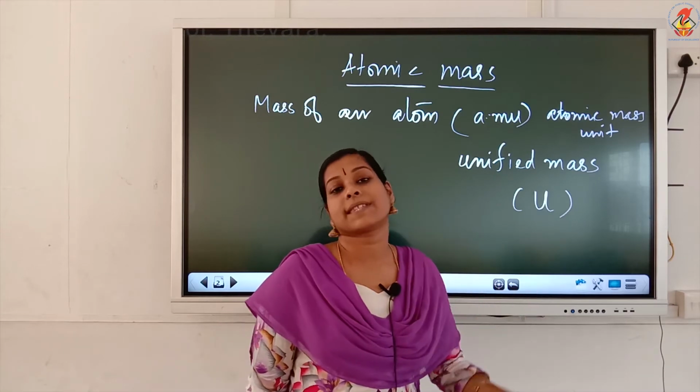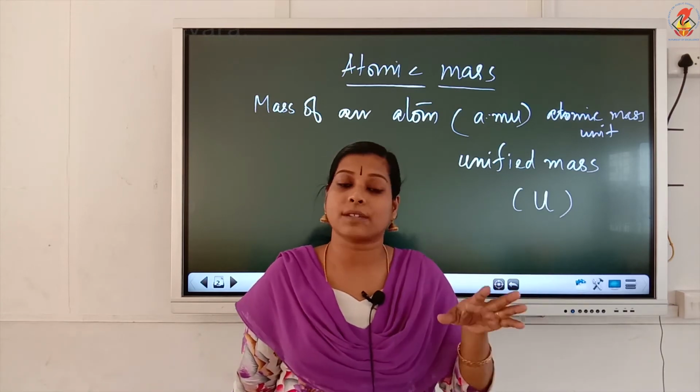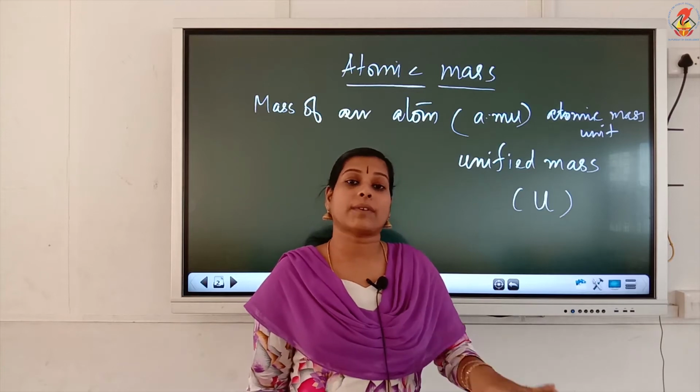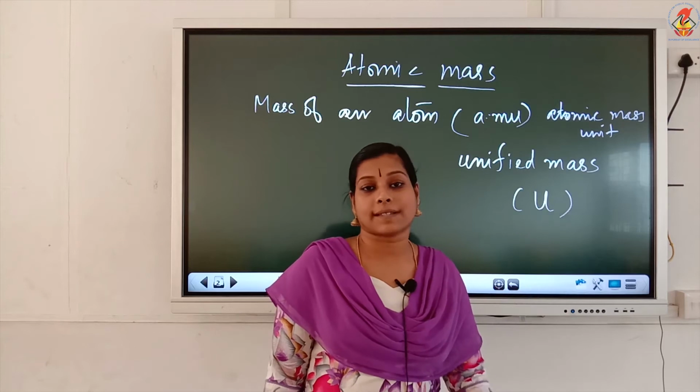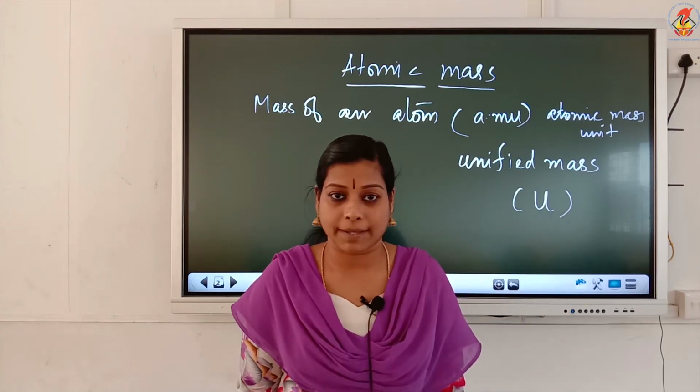Some places you can see AMU used, or some places you can see unified mass. Whatever it is, both are the same. At present we are using unified mass as the unit.